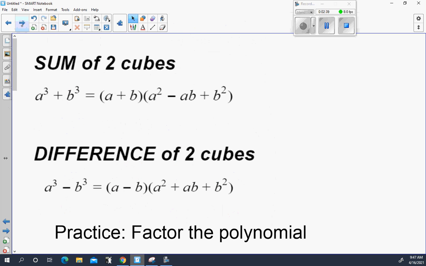Today, we're going to be learning about the sum of 2 cubes and the difference of 2 cubes. Sum means addition. Difference means subtraction.